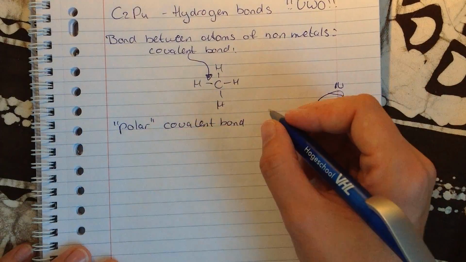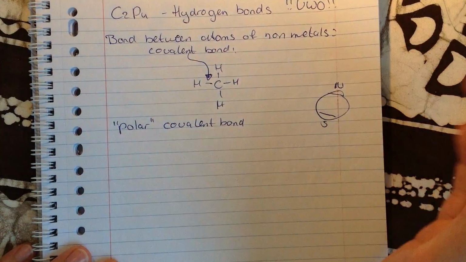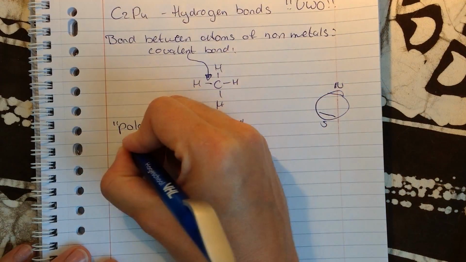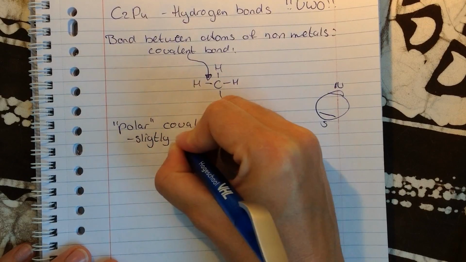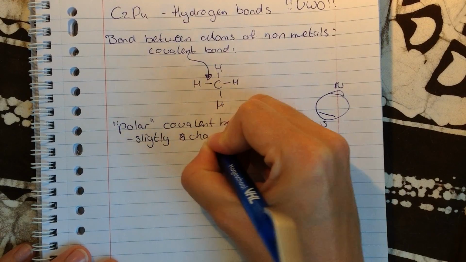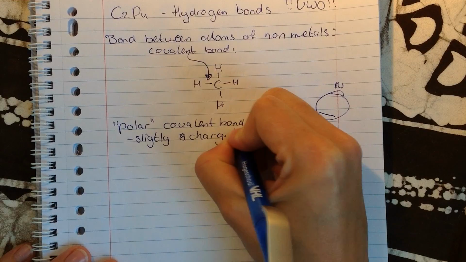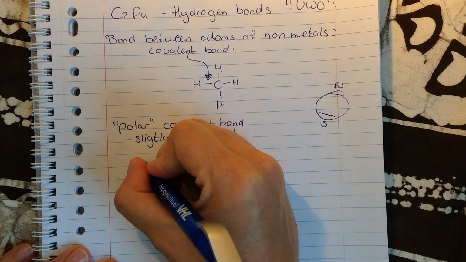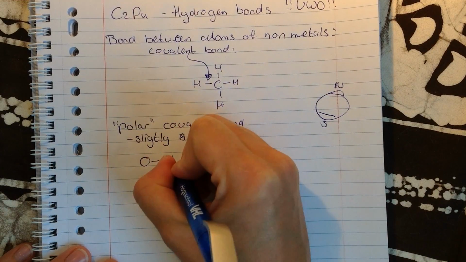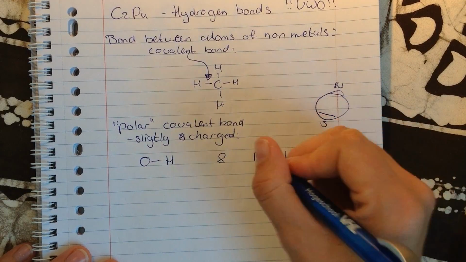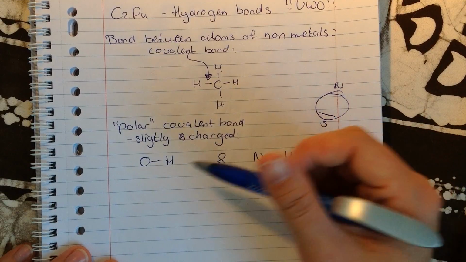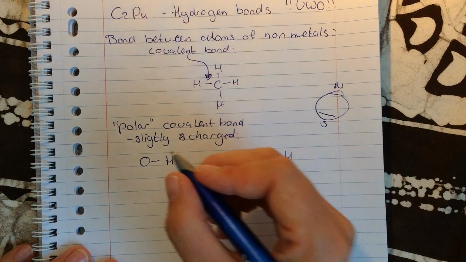That is also what is happening with a polar covalent bond. They are slightly charged. It is the bond between an O and an H and an N and an H. There are more polar bonds, but you don't have to know them for now.